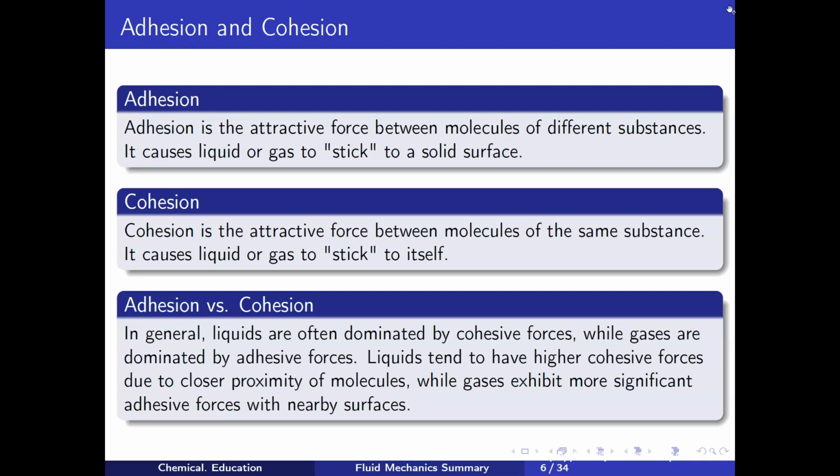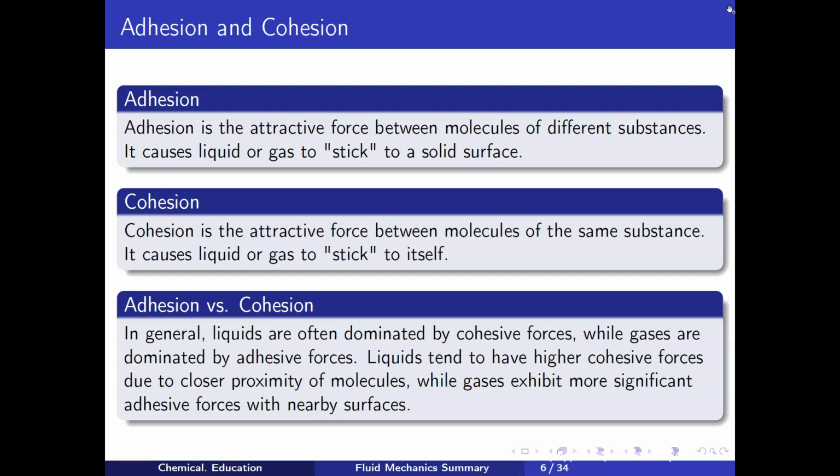Now here I am talking about two forces, adhesion and cohesion. Adhesion is the attractive force between molecules of different substances. It causes liquid or gas to stick to a solid surface. Cohesion is the attractive force between molecules of the same substance. It causes liquid or gas to stick to itself.